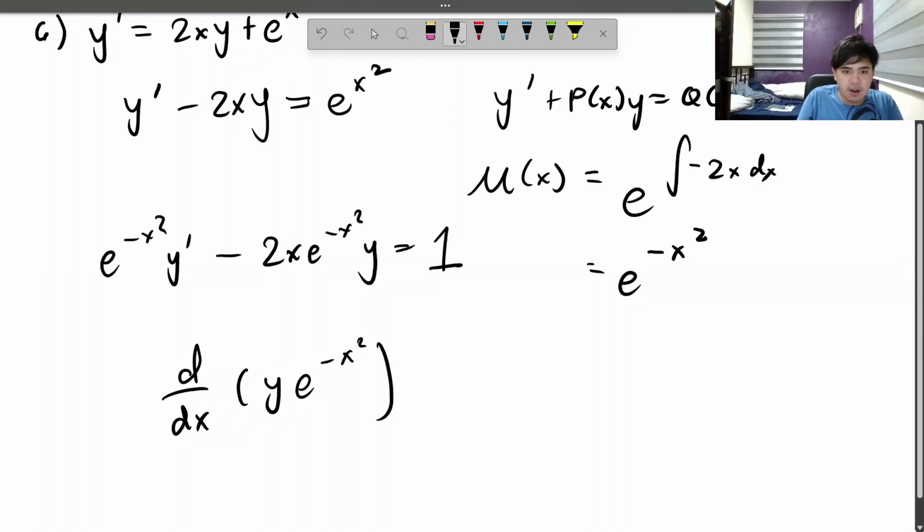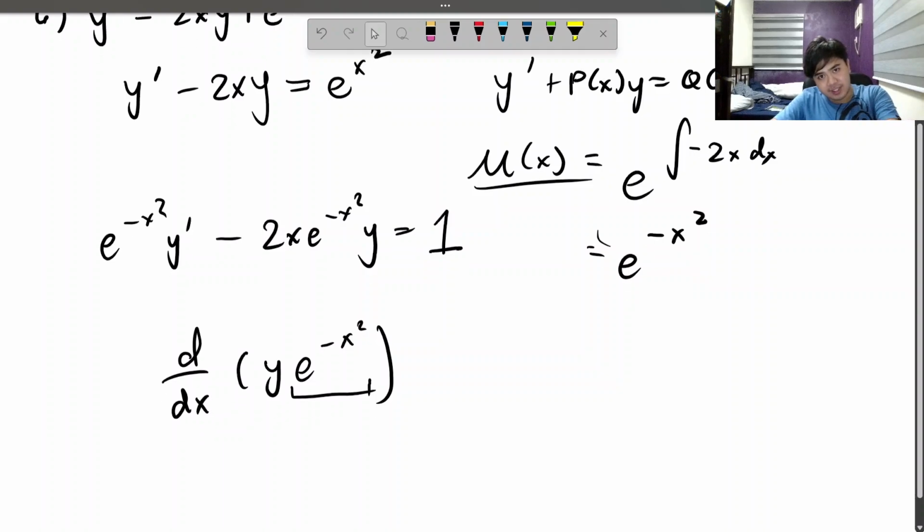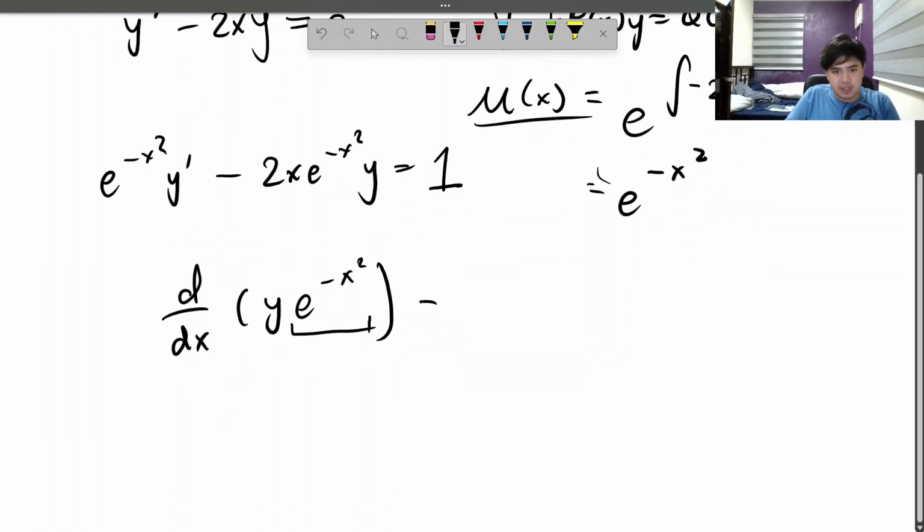The derivative of e to the negative x squared is e to the negative x squared times the derivative of the inner function, negative x squared, which is negative 2x. That is exactly the point of this special integrating factor mu, to do this. So that's going to be interesting. One on the other side. Integrate both sides.